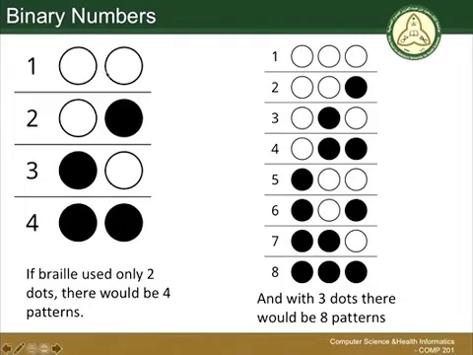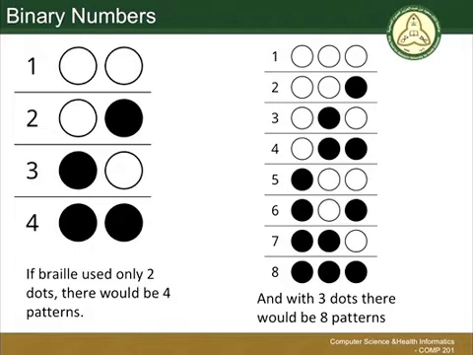So if you know the previous number of patterns, you can easily get the number of patterns when you increase by only 1 dot. Why twice? Because for every possibility in the previous pattern, we have two options, either to make the dot white or black, to make a unique pattern.